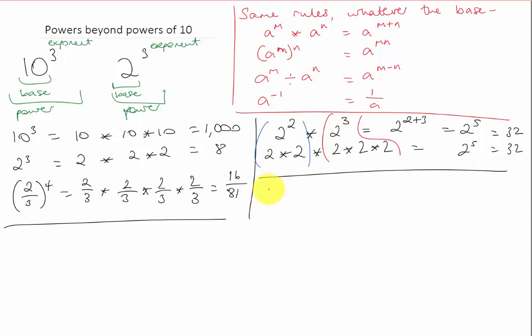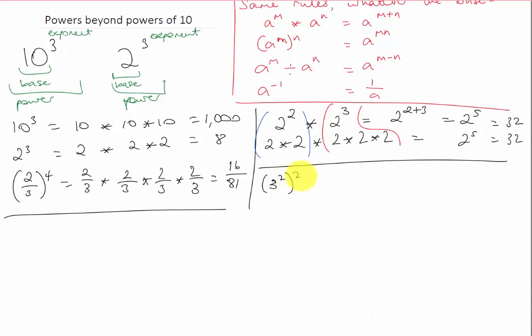So now let's work through the next one. How about if we've got a to the power m, all raised to the power n. So let's imagine we've got 3 squared, and that whole thing is squared.